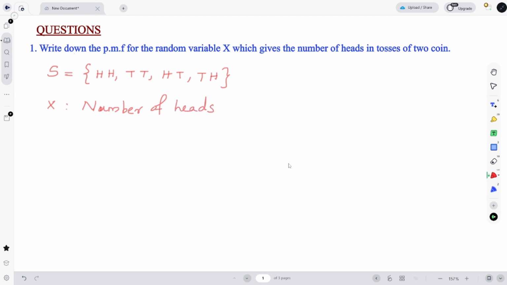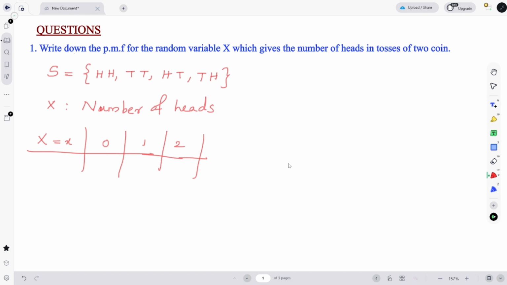Now we can write what are the values that X takes. The first outcome, number of heads is 2. In the second outcome, number of heads is 0. Third outcome, number of heads is 1. So we can write it nicely, 0, 1, 2.